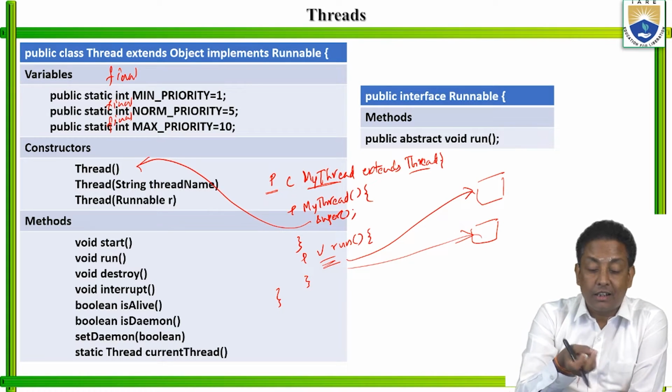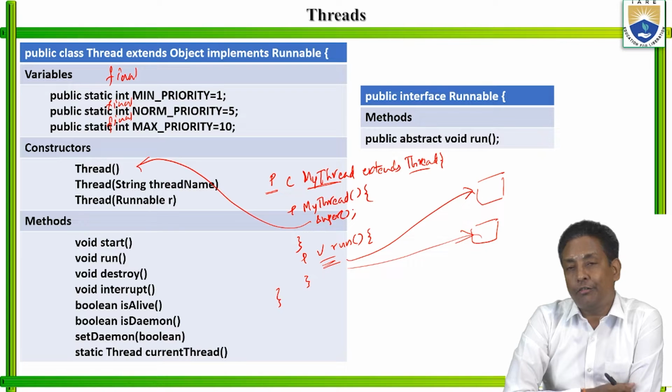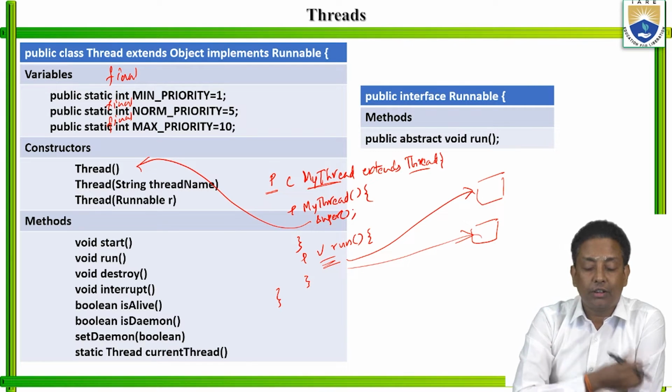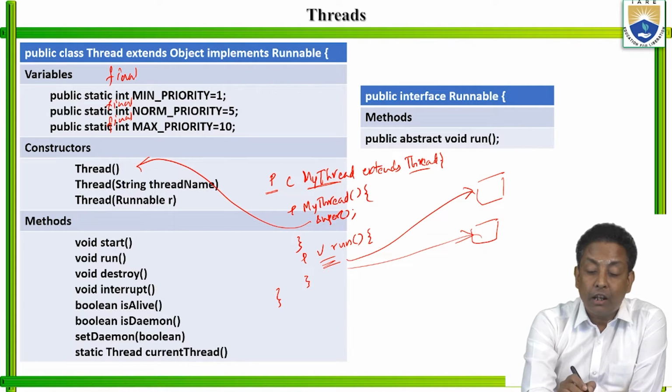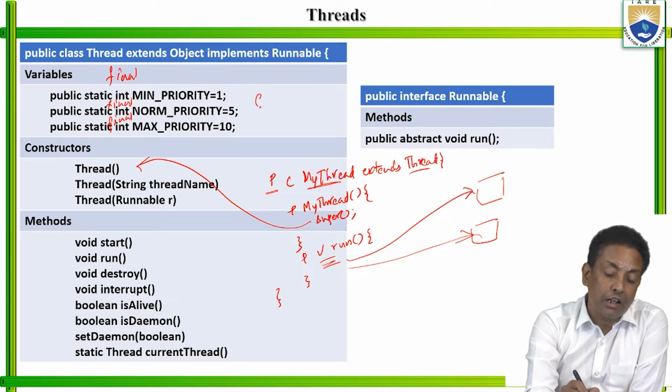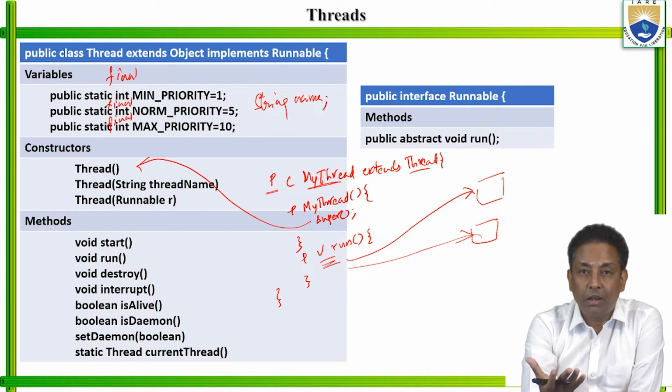This is the internal process of the Thread class. They don't show us in the Thread class, but internally they declare one variable called String name. Probably this variable may be a private variable.